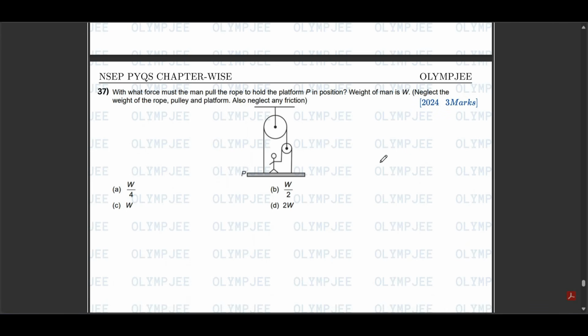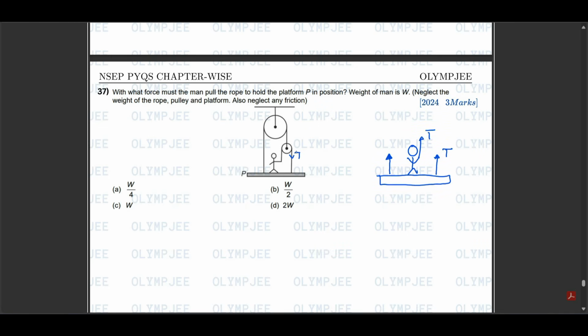With what force must the man pull the rope to hold the platform P in position? Weight of the man is W, and we have to neglect the masses of the rope, pulley and the platform. Okay, so if we take the FBD of the man and the platform together, one tension is acting here upwards, one tension is acting here upwards, and another tension is acting here, but this would be 2T, right?